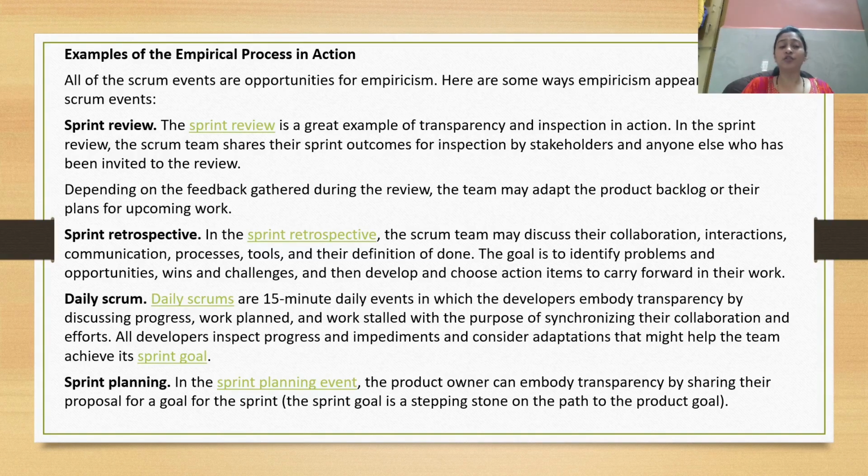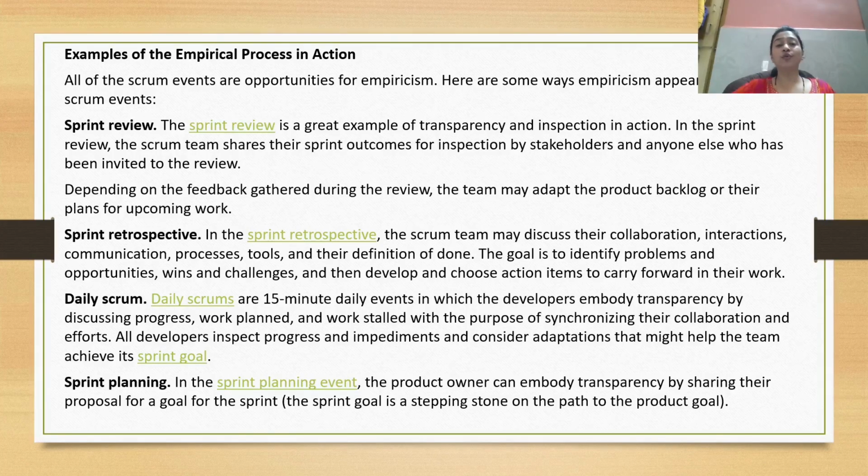Then the sprint retrospective. This is also one of the examples you can give. In the sprint retrospective, the Scrum team may discuss their collaboration, interaction, communications, processes, tools, and their definition of done as well. The goal is to identify the problems and opportunities, wins and challenges, and they develop and choose action items to carry forward in their work.